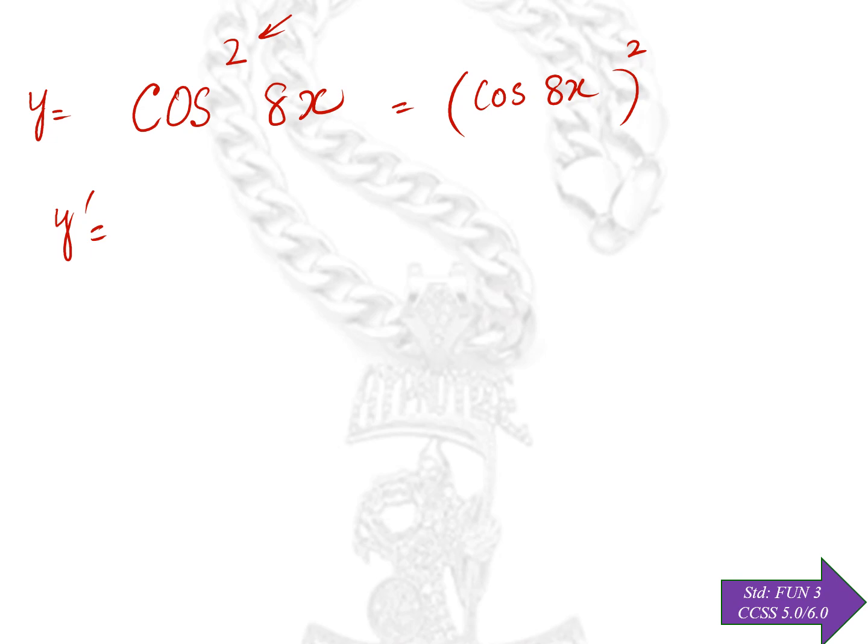Okay, circle the outer function. This is what I always tell you: circle the outer function. So the outer function is the power 2. If the power is the outer function, it means we are going to apply the power rule. What does the power rule say?